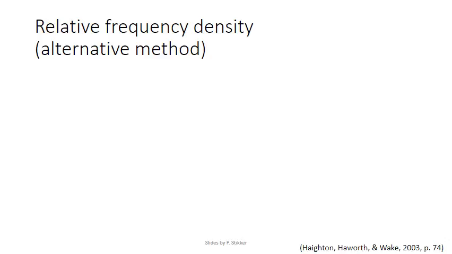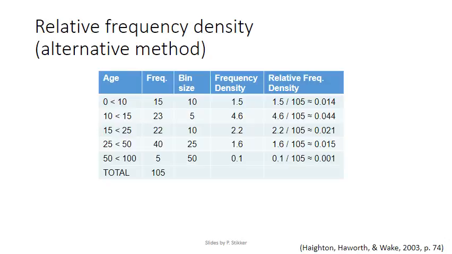Instead of taking the density as our main goal for the relative frequency density, you can also perceive it from the relative point of view. So here's another method to calculate relative frequency densities. In this case, I don't calculate the relative frequencies, but I simply have a look at the frequency density I already calculated, and since relative means in relation to a total, we'll simply divide the frequency density by the total frequency.